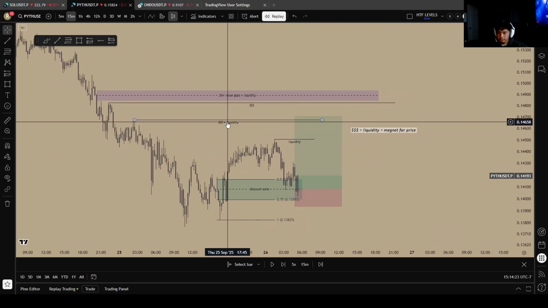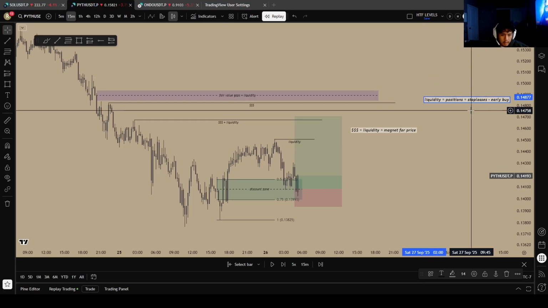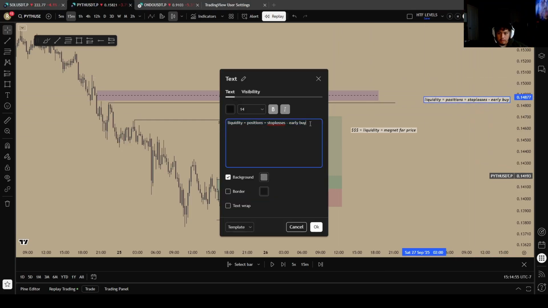So think of liquidity as positions, stop losses, early buyers, or oops, my mic died. Well, I'll just keep it on. So liquidity equals positions equals stop losses, early buyers, and late shorts.